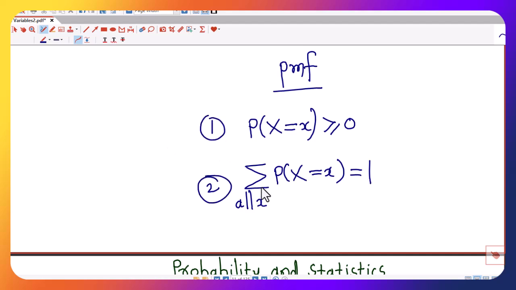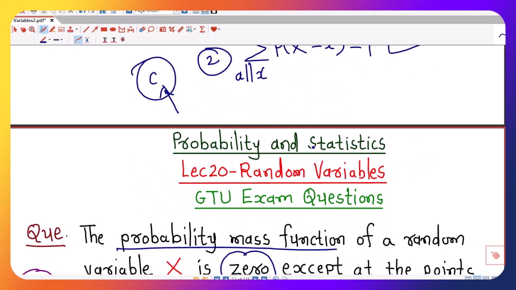So this is how we define the probability mass function of a discrete random variable. First we can use this condition to determine the value of the unknown constant c, and then we will use the non-negativity property also if required.